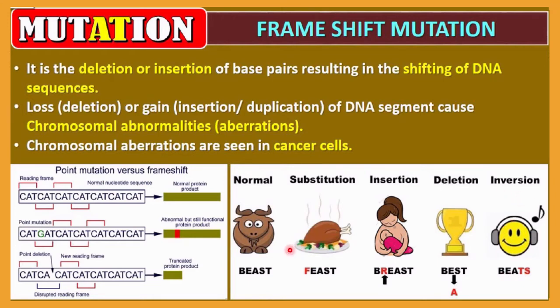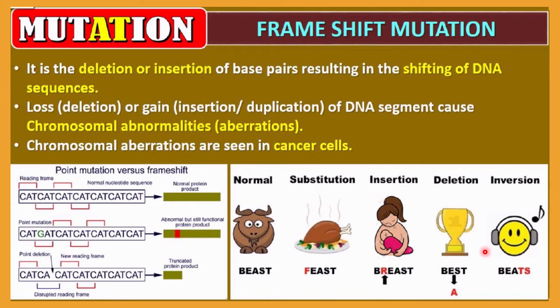All this happens just due to frame shift mutation. The reading frame is totally changed, and as a result the meaning is changed. Due to this type of point mutation or frame shift mutation, in the next generation or the running generation, protein synthesis will be disrupted. Accordingly, protein will be formed, and that may be normal or abnormal.